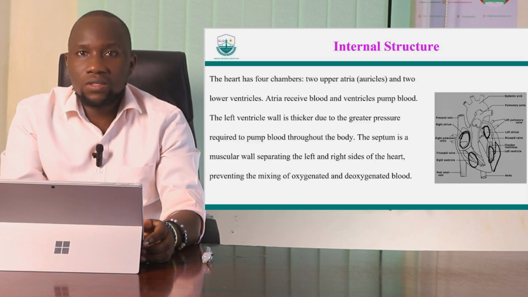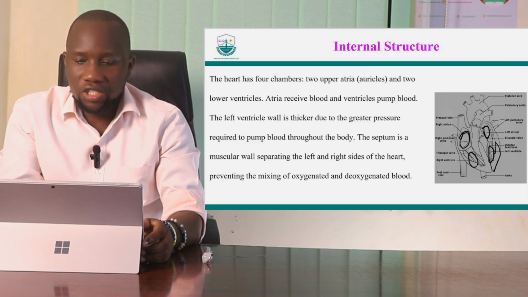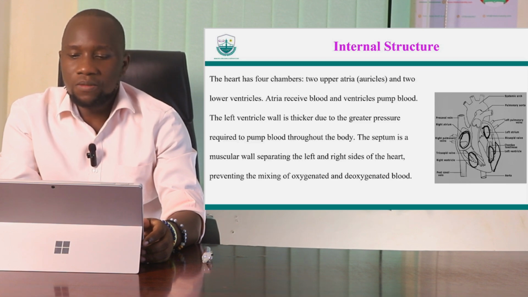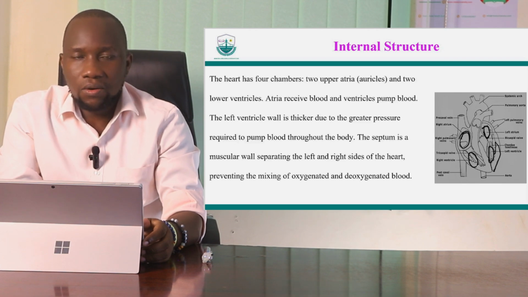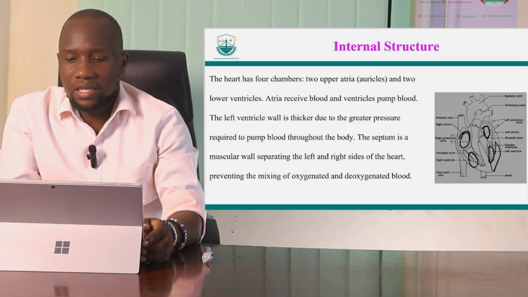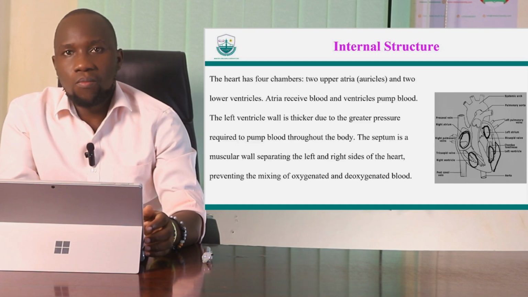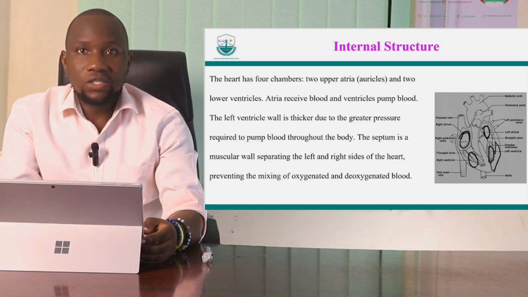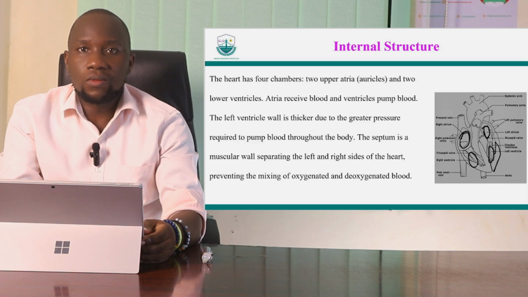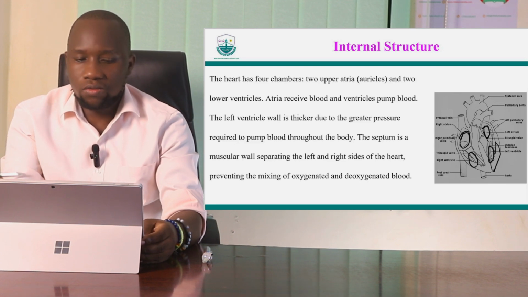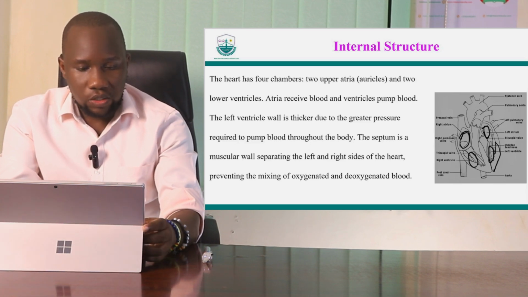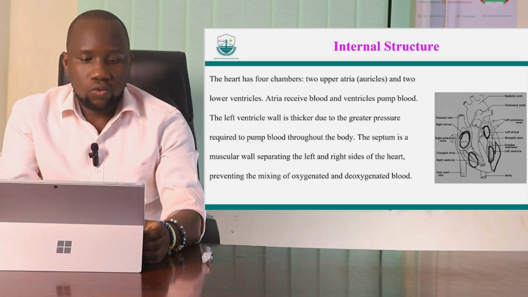This thickness is because it needs to generate more pressure to push the blood to the rest of the body, whereas the right ventricle pumps blood to the pulmonary circulation only, which is actually a shorter distance compared to the left ventricle, which pumps blood to the rest of the body parts. So that's why the left ventricle has a thick muscular wall compared to the right one.